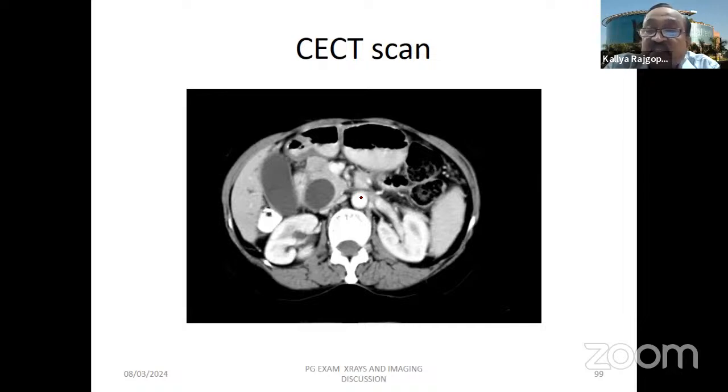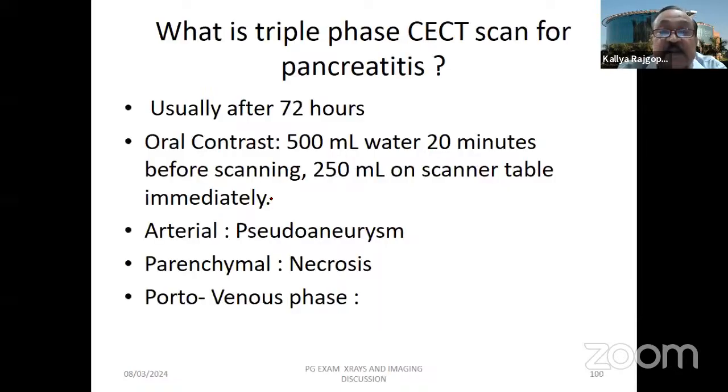CT scan is a series of pictures. But whatever the important findings I am showing you here, to know that there is some intrahepatic radical dilatation you can see here. So this is obstructive jaundice. We will always correlate and look for a growth in the periampullary region. So this is how you make a diagnosis in the CT scan.